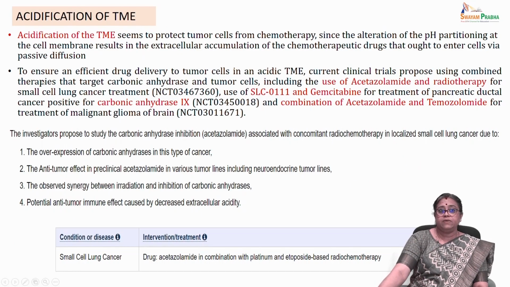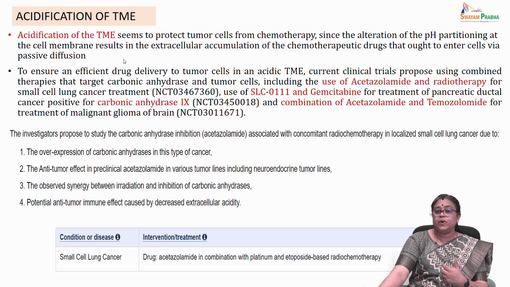Now, how can we get rid of this acidification? The acidification of the tumor microenvironment seems to protect the cells from chemotherapy due to an alteration of pH partitioning at the cell membrane, which results in an extracellular accumulation of the chemotherapeutic drugs. These drugs, due to the acidification, will not be able to enter into the cells via passive diffusion.